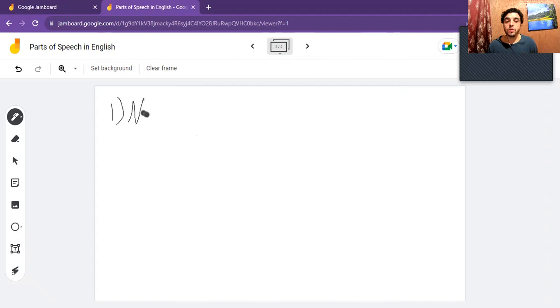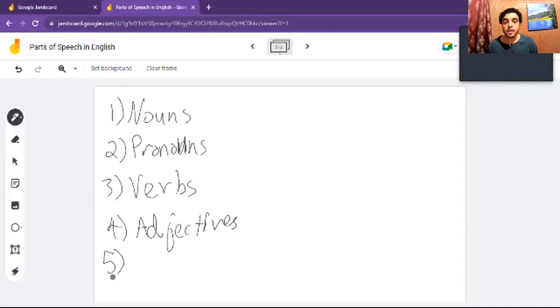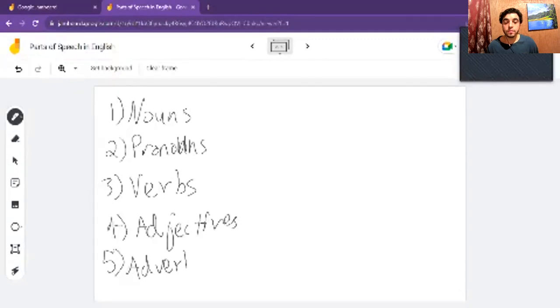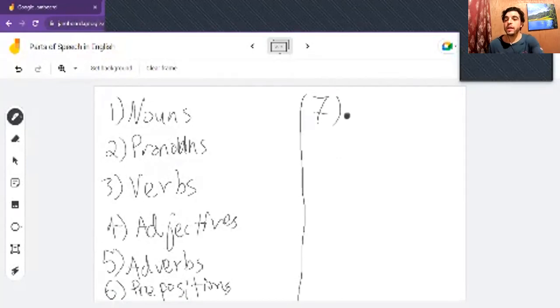We have the nouns, then we have pronouns, the verbs, then the adjectives, then the adverbs, prepositions, then I'm just going to split the screen here, then we have conjunctions.